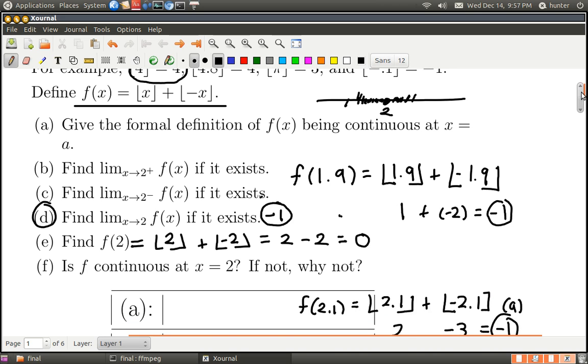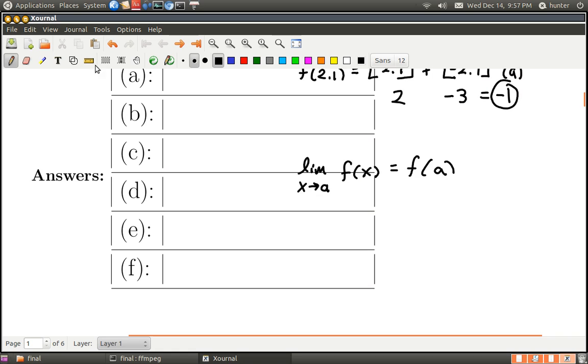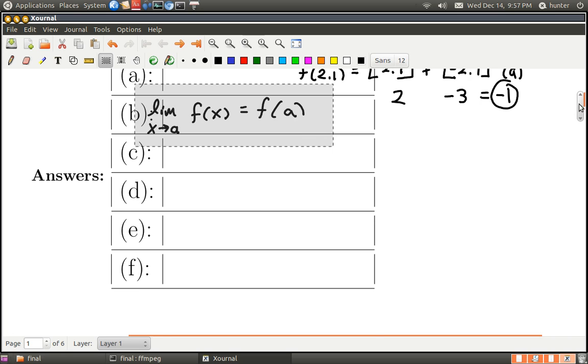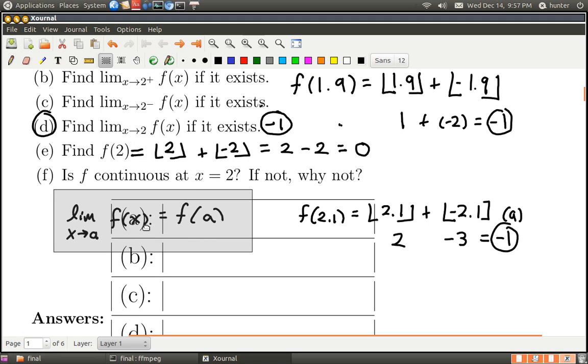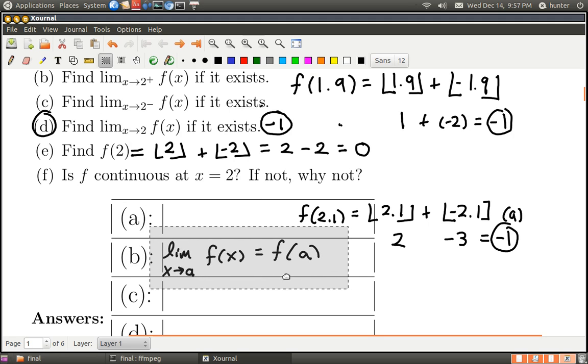If you remember the definition that I gave for continuity, maybe I should grab it here. I'm going to take it up there where I can play with it because it's really relevant for this last part. It says, is f continuous at x equals 2? Well, it's not, right? Why not? Basically because f of 2 is not the limit as x goes to 2. We saw that the limit as x goes to 2 is negative 1.